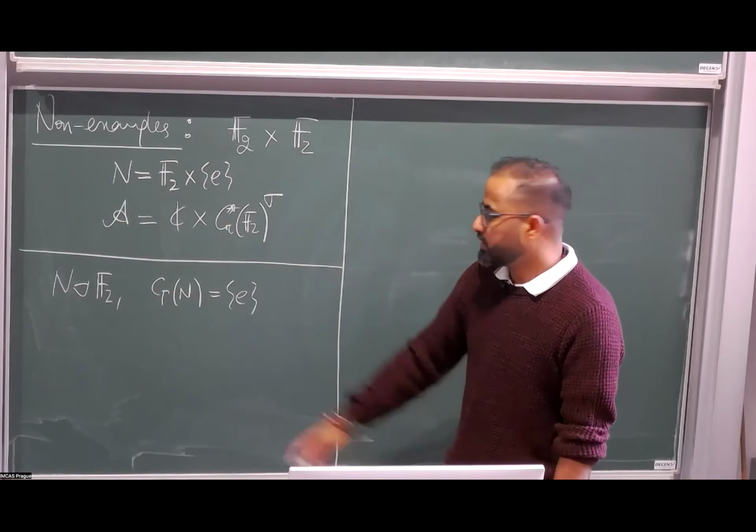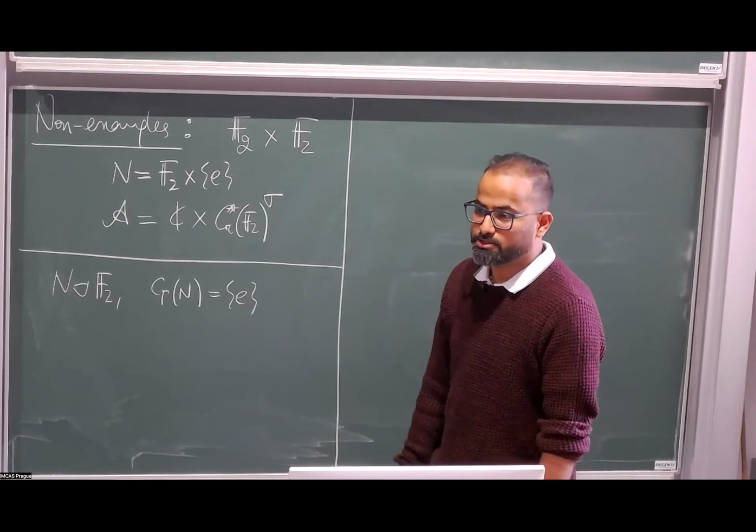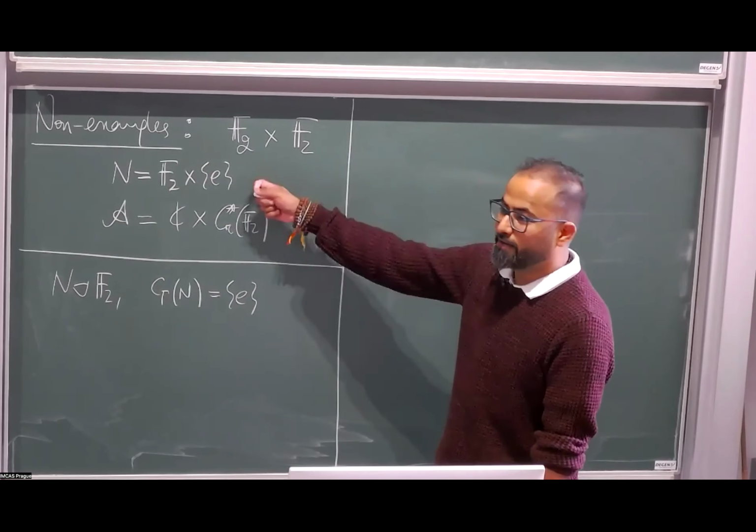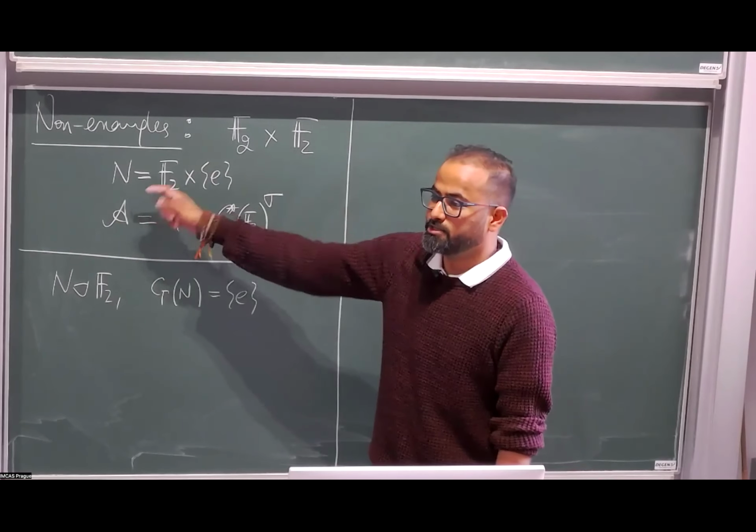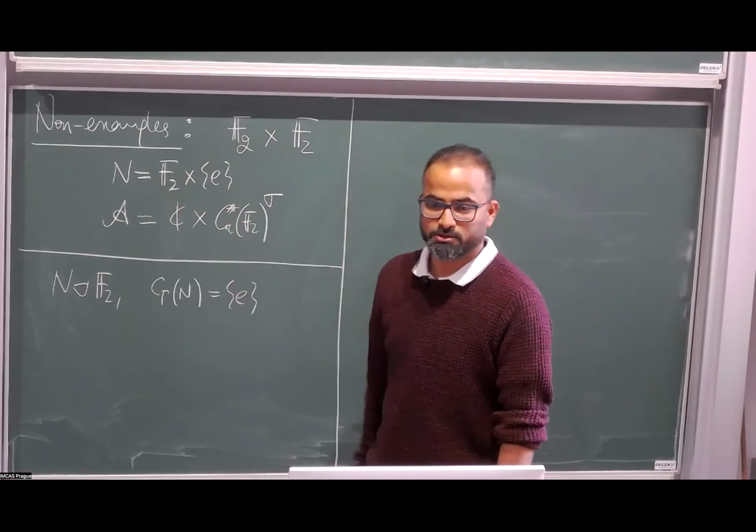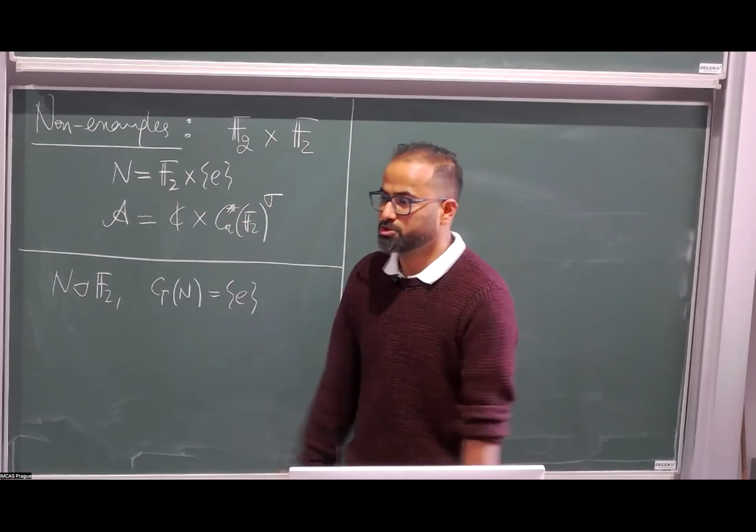That all those elements that commute with things from N, this is trivial. But this does not happen here because the centralizer of N is the other copy of the free group. And this is an obstruction to this principle.